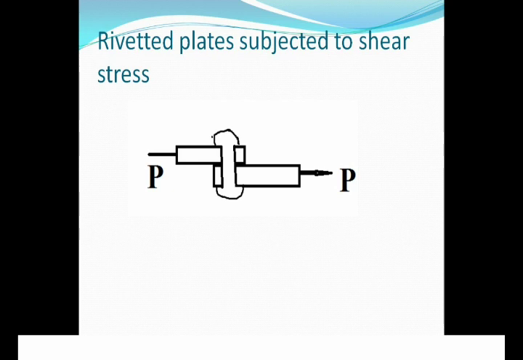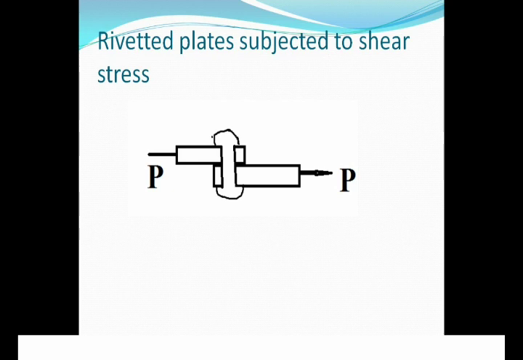The force is acting along the length of the rivet, that is twice the thickness of the plate. So the area A will be equal to 2 times T into D, that is the projected area.